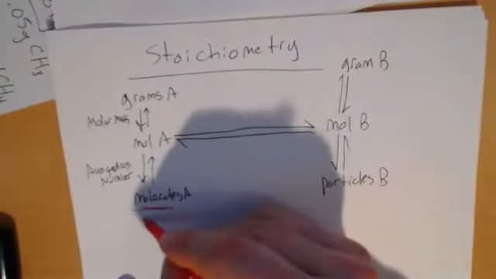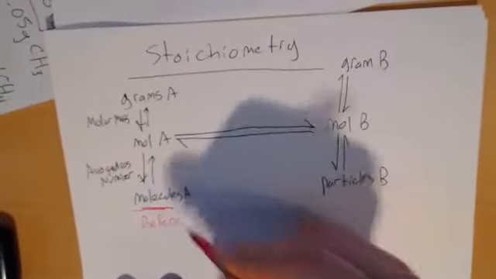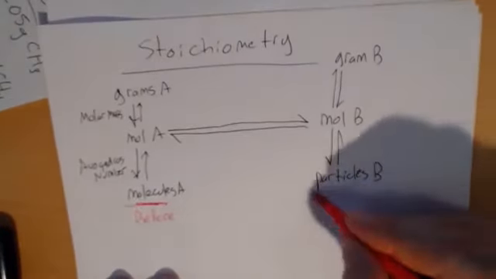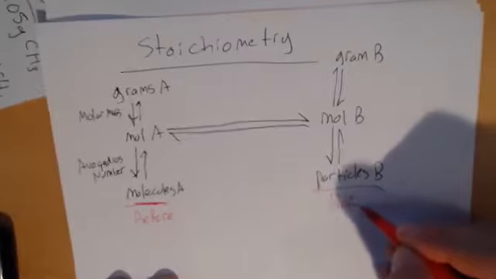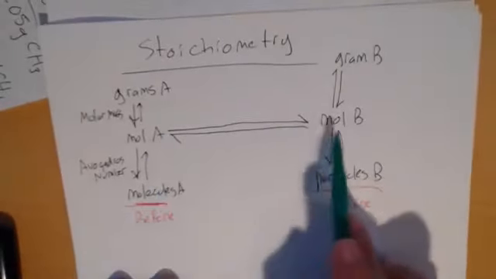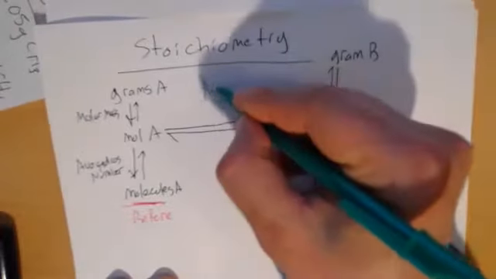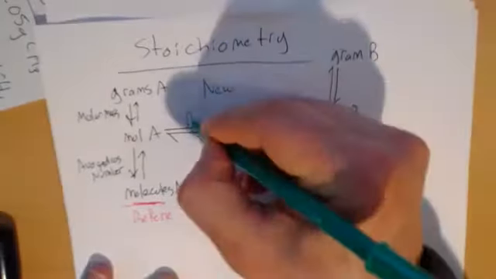This is what we've done before, right? We've done these mole conversions. This bridge going from moles of A to moles of B is new. This is what they refer to as the mole ratio.